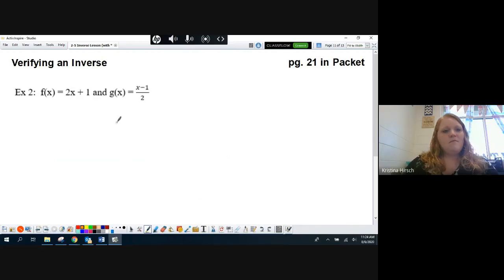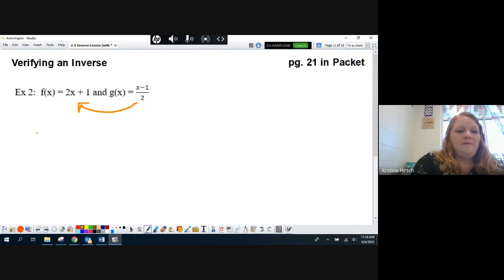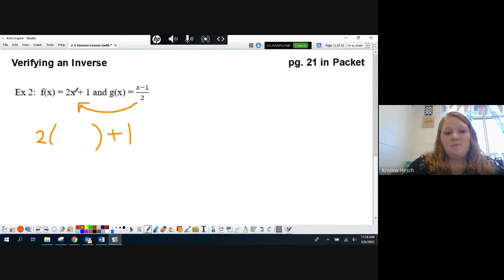All right, another example. For this one, I'm going to start off by substituting the second function into the first function. So I'm going to have 2 times something plus 1. Remember, x is just being replaced with parentheses because then this is going to go into my parentheses.